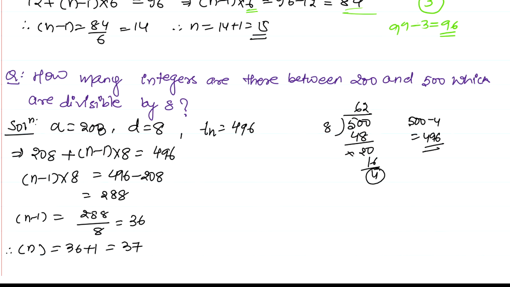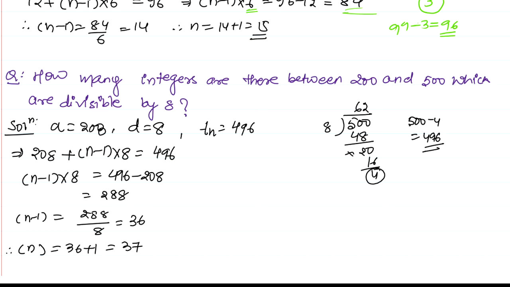Now, same concept, I have taken one more question. How many integers are there between 200 and 500 which are divisible by 8? What can I observe? The first number which is greater than 200 and will be divisible by 8 is 208.